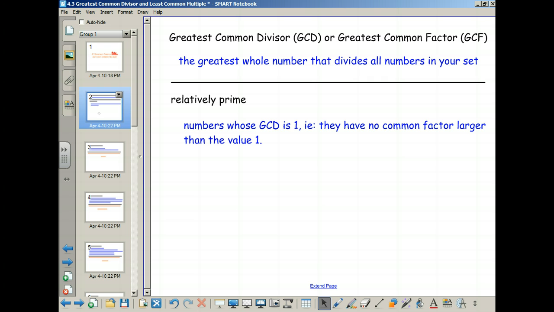Agreed? So I could actually test whether something's divisible by 24 by testing if it's divisible by 8 and divisible by 3. And because 8 and 3 don't have anything in common, it will work. Okay? Because they're what we call relatively prime. And in fact, neither of them actually has to be prime for them to work. They just have to be relatively prime to each other. Again, that just means they don't have any factors in common.